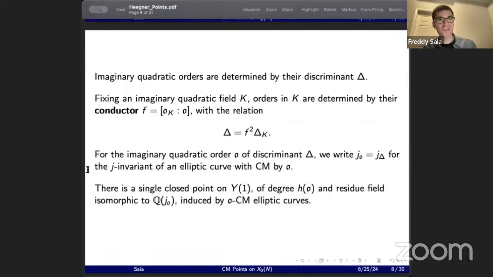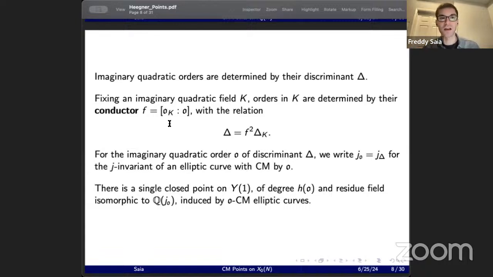And so we'll be talking about CM a lot, so I just want to give you some reminders about arithmetic of imaginary quadratic orders, or quadratic fields. So an imaginary quadratic order is determined up to isomorphism by its discriminant. Or if you prefer, if you want to fix your K from the outset, like we'll often do in this talk, you fix an imaginary quadratic field K, then an order in K is determined up to isomorphism by its conductor.